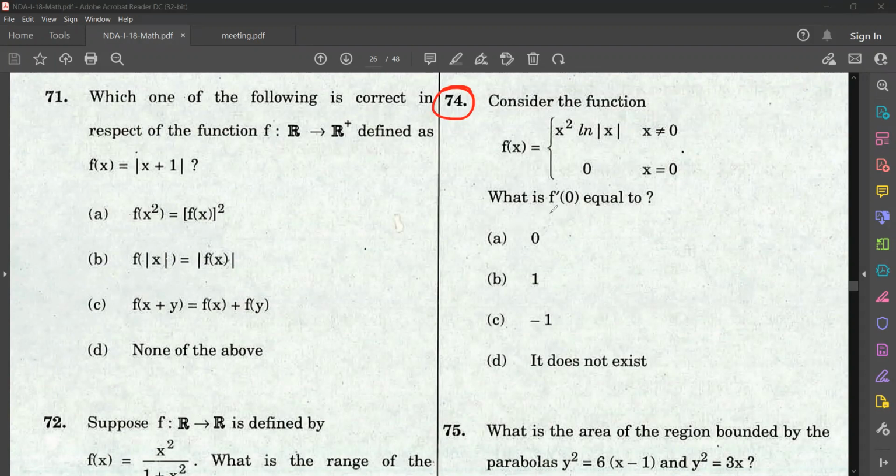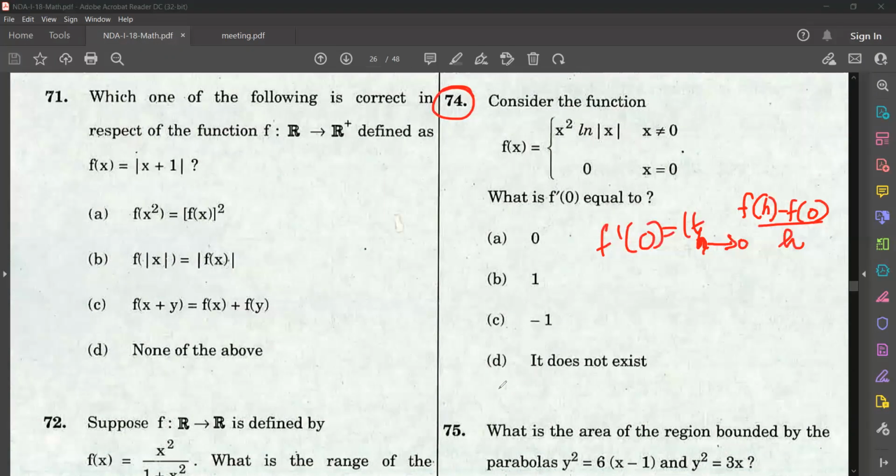What is f dash of 0 equal to? So how to find f dash of 0? F dash of 0 is equal to limit h tends to 0 of f of h minus f of 0 divided by h. Isn't it? That is f dash of 0.